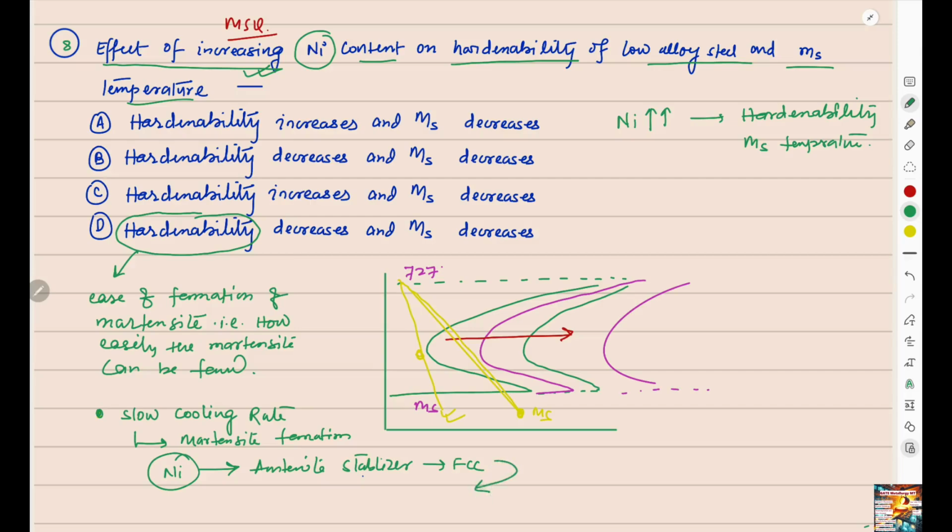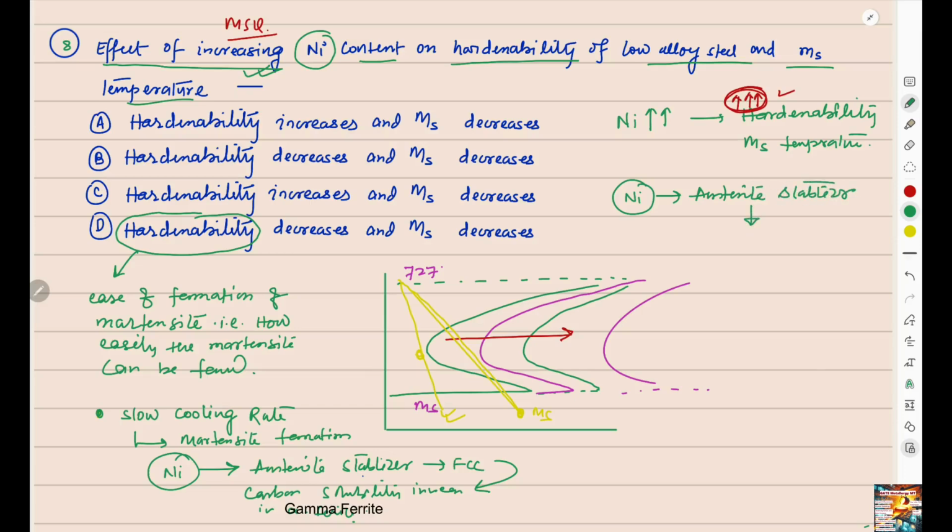Thus the carbon solubility increases, so the hardenability increases.